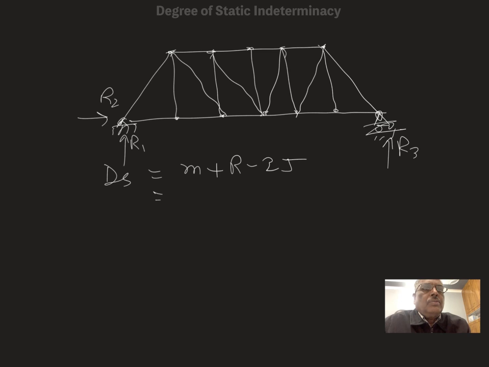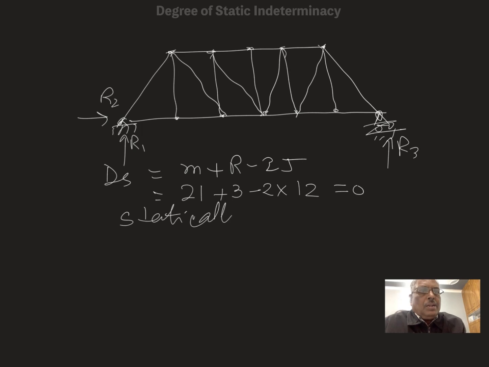You count 1, 2, 3, 4, 5, 6, 7, 8, 9, 10, 11, 12, 13, 14, 15, 16, 17, 18, 19, 20, 21. So there are 21 members, 3 reactions, minus 2 into j. How many joints? 1, 2, 3, 4, 5, 6, 7, 8, 9, 10, 11, 12. 12 joints. So this is 0. So this structure is a statically determinate structure.